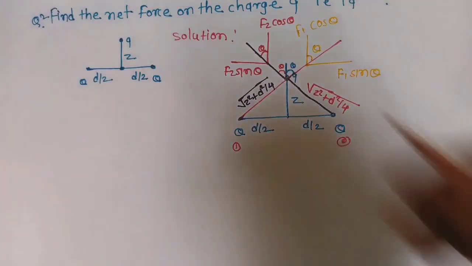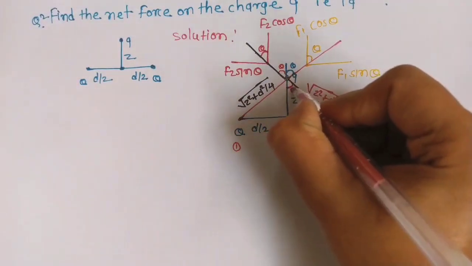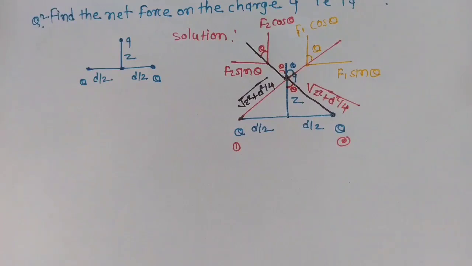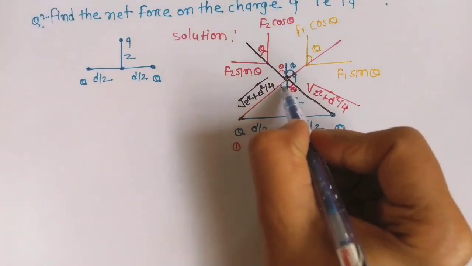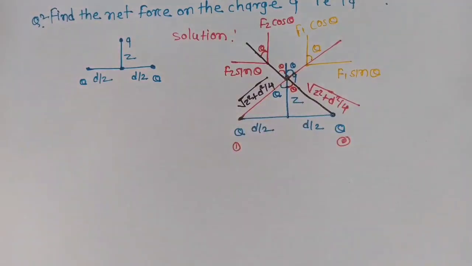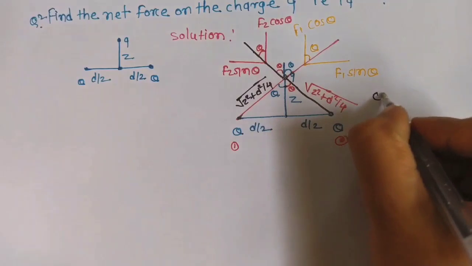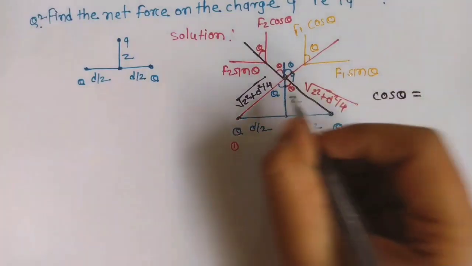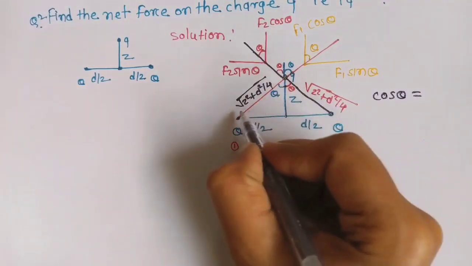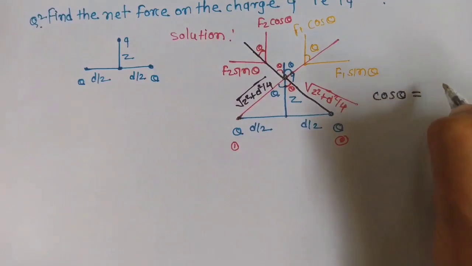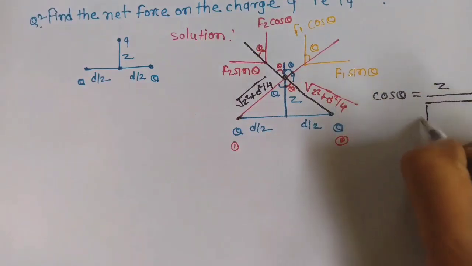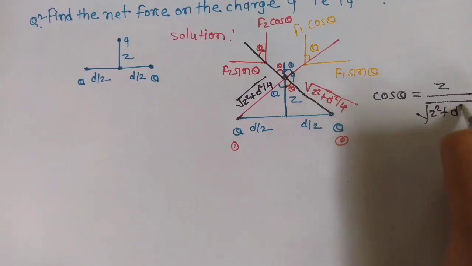This is theta, and this is also theta. Angles are opposite, therefore this is theta and theta. So cos theta is the adjacent side upon hypotenuse, that is z upon under root z square plus d square by 4.